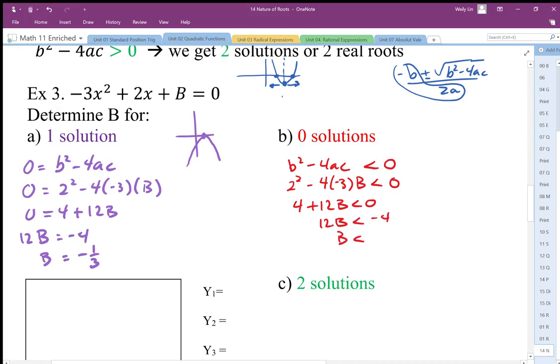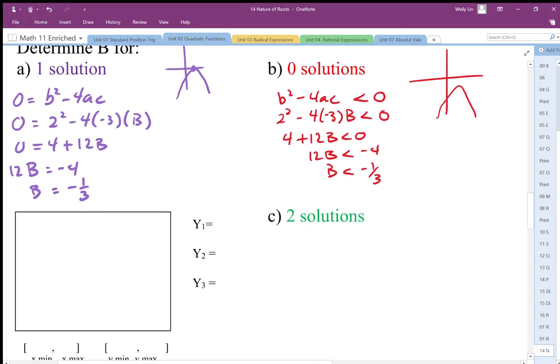I keep my coefficient positive so I don't have to bother flipping my sign. If b is less than negative 1/3, it's going to shift even further down. We start with my graph that looks like this when b is 0. Negative 1/3 will give me the bounce, but anything less than negative 1/3 will give me 0 solutions. So that's what it looks like.